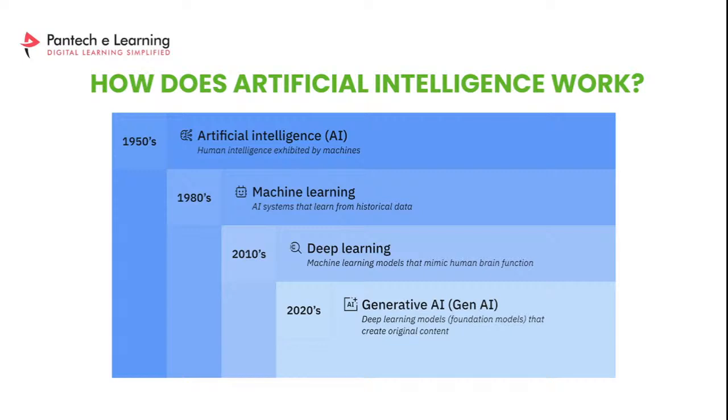Machine learning is a subset of AI that enables computer systems to learn and improve from experience or data, and incorporates elements from fields like computer science, statistics, psychology, neuroscience and economics.